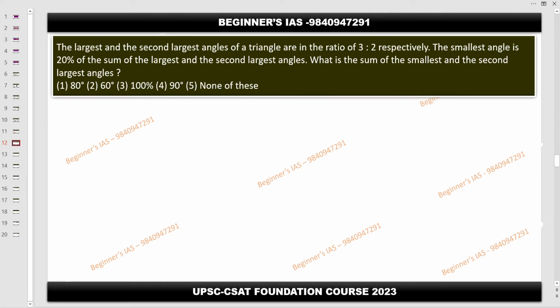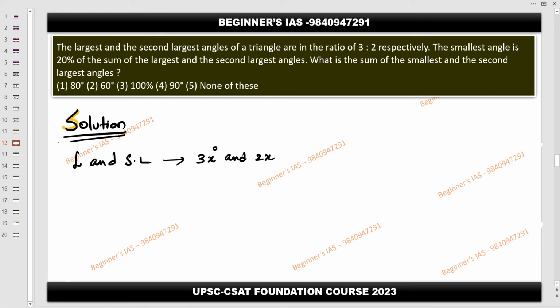So what is the given? First of all, try to take that given. The largest and the second largest angles of a triangle are in the ratio, so I'm taking the largest and second largest as 3x degree and 2x degree.